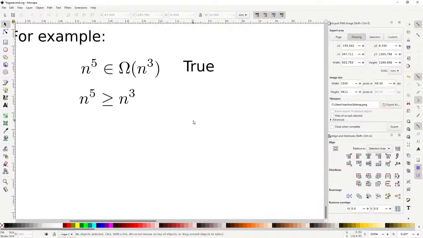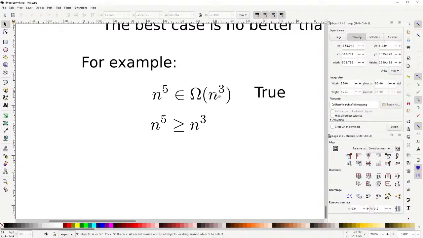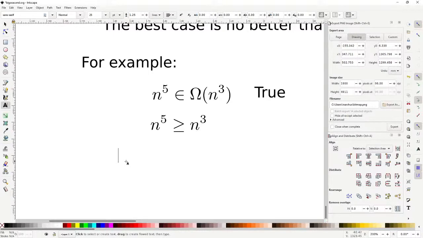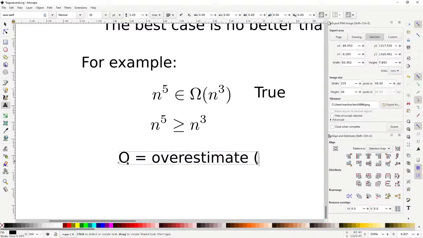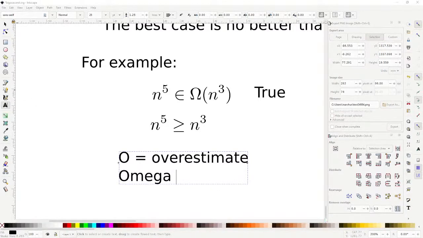So the way I like to think about it, I don't know if this helps or anything, is that O can stand for overestimate, right? Omega is this symbol here, and you notice that it has a line under it.